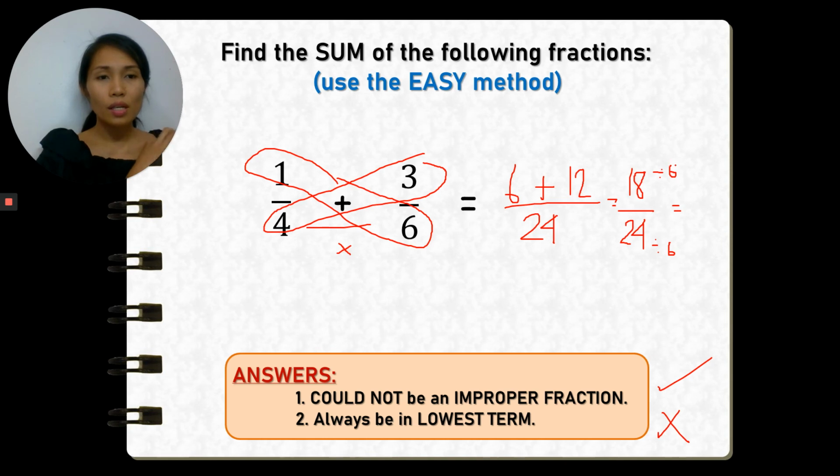Okay, so let's try 6. 18 divided by 6 is 3. And for the denominator, 24 divided by 6 is 4. Okay. So the final answer is 3/4.